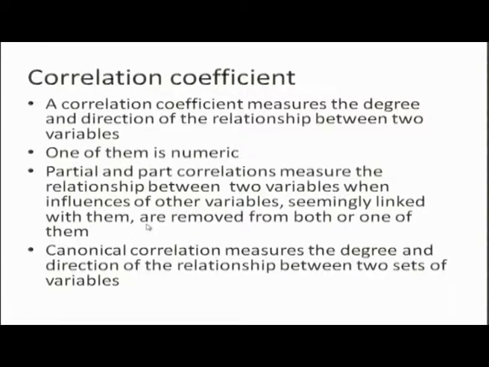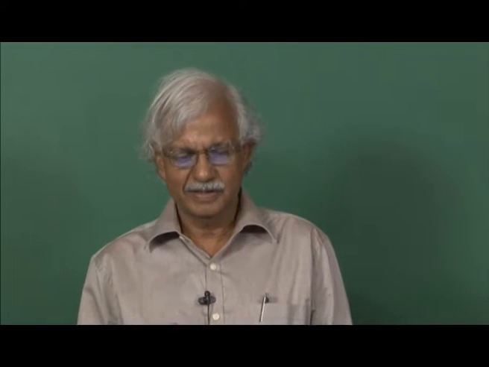The relationship between x and y may often be due to a third variable z, because z is correlated with both x and y. So, you do find an empirical relationship between x and y. If the effect of z is removed from both x and y, then what correlation coefficient remains between them? That is called partial correlation.